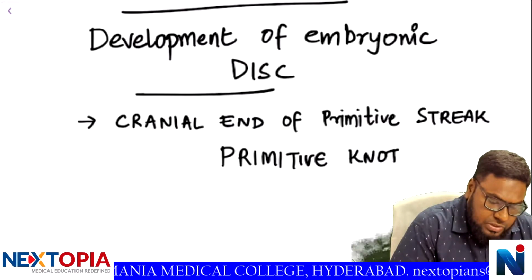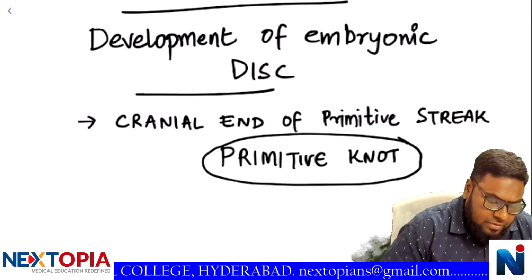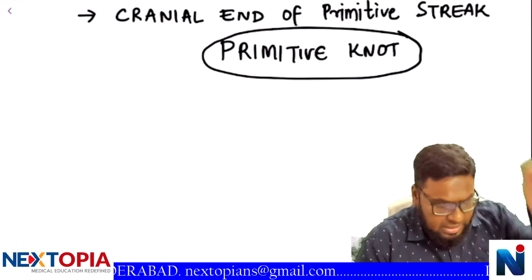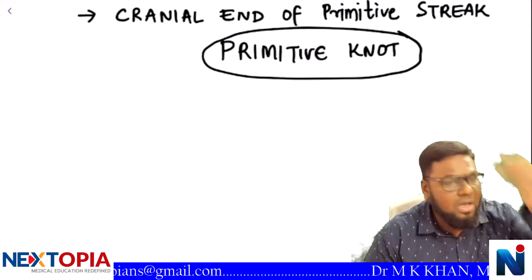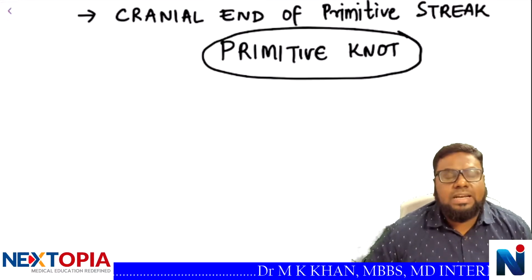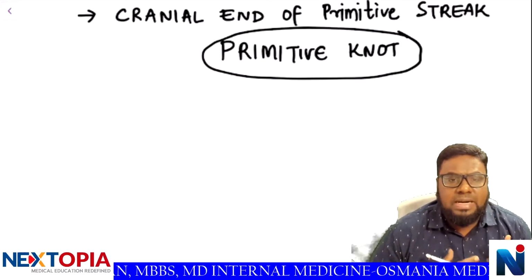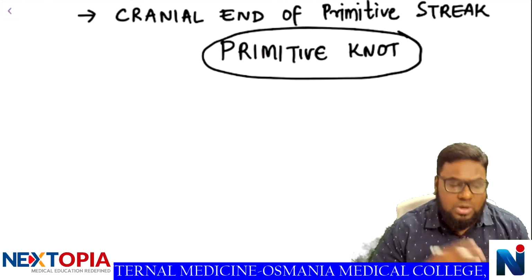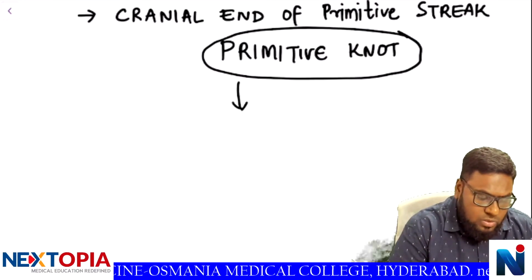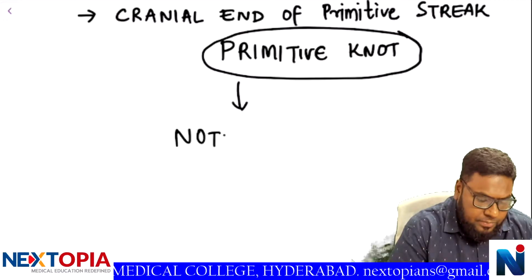We'll discuss this first. After that, we'll read how the cells in the primitive knot undergo mitotic divisions, they multiply, and they grow cranially into a rod-like structure called the notochordal plate.